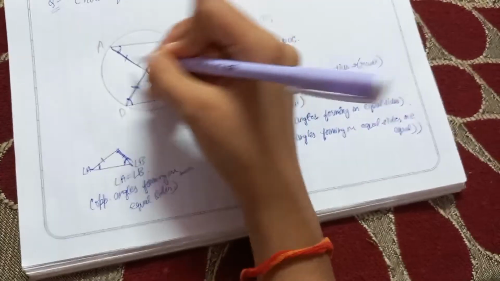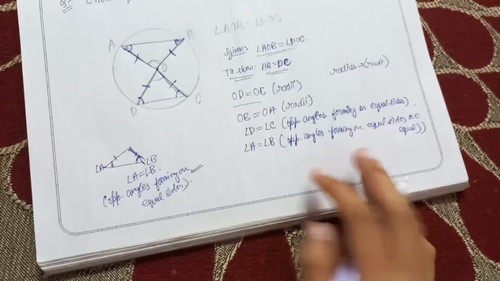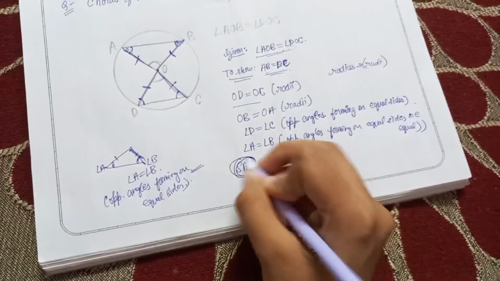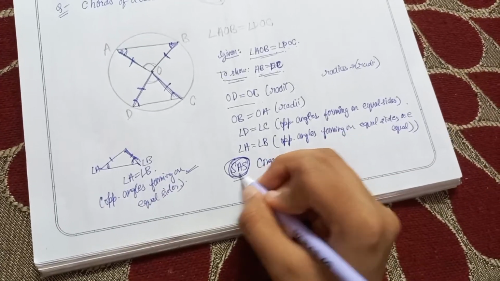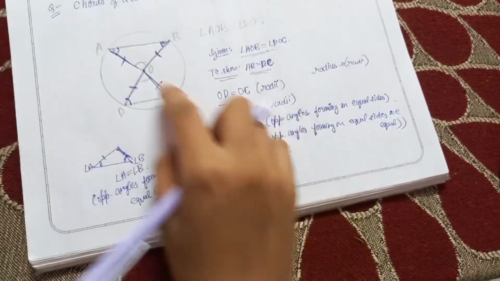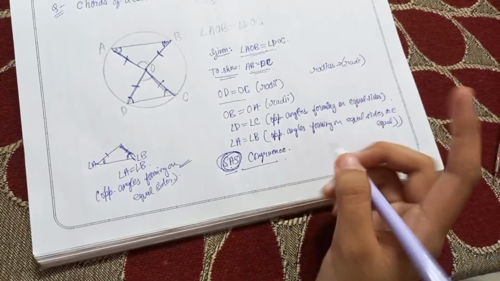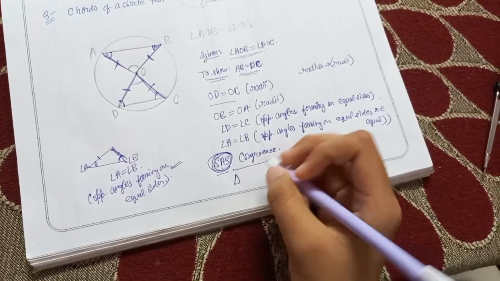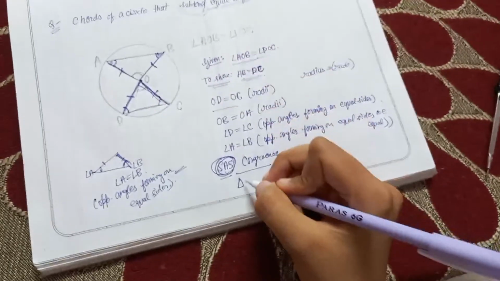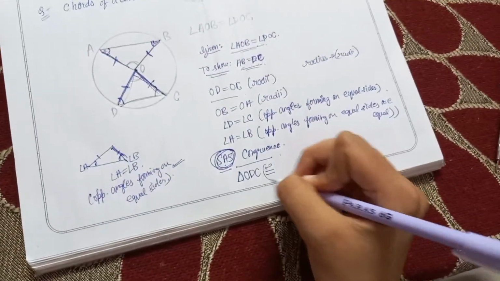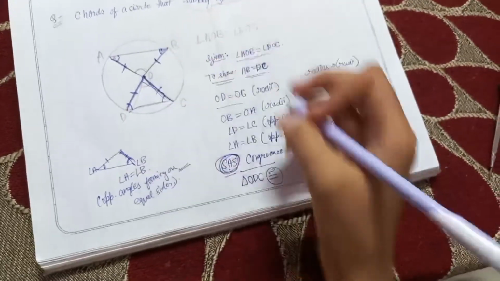We have that these two sides are equal, and these two angles are also equal. Now we can use the SAS congruence here. SAS means side, angle, side. We have two sides and one angle between them, so we can use the SAS congruence, through which triangle ODC is congruent to triangle OBA.